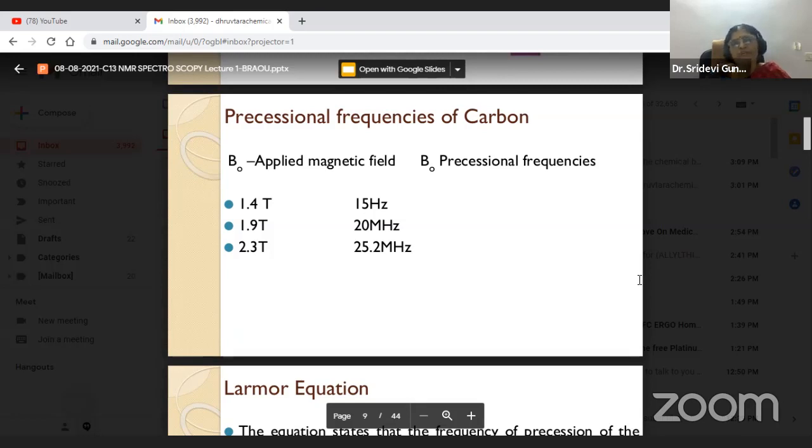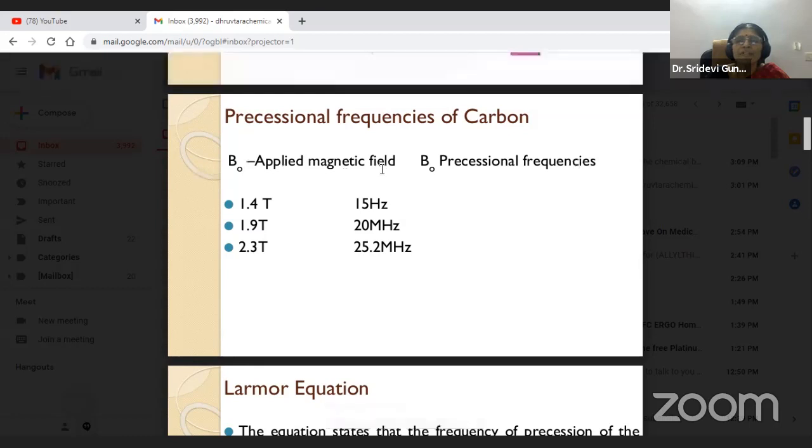This precession has a frequency which we call precessional frequency. These precessional frequencies vary. I'm just giving you a few precessional frequencies of carbon as an example. This is dependent on the applied magnetic field. If the applied magnetic field strength is more, the precessional frequency is more.